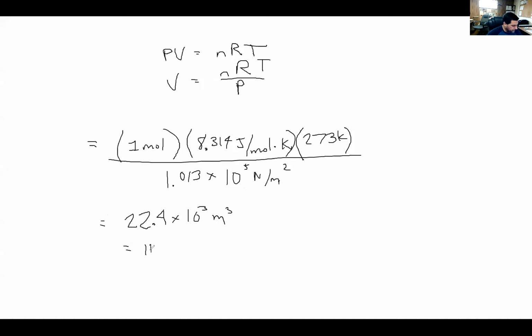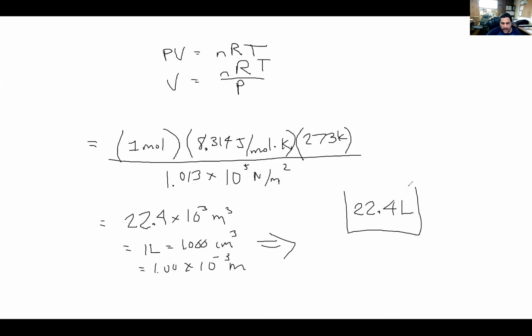If 1 liter is 1,000 centimeters cubed, which is 1.00 times 10 to the minus 3rd meters cubed, then one mole of any ideal gas at STP has a volume of 22.4 liters.